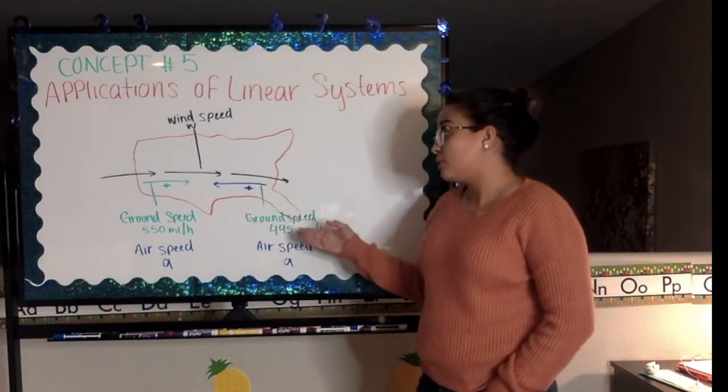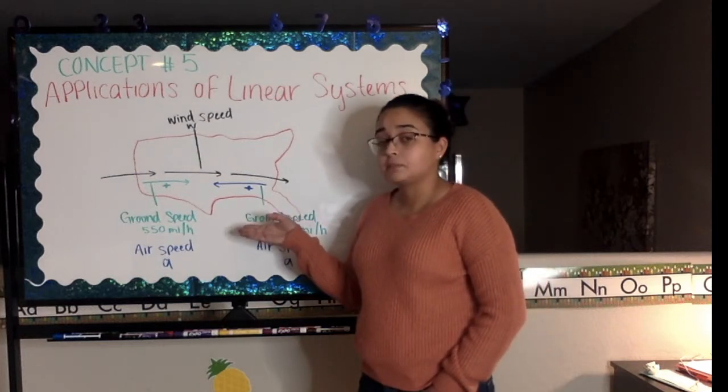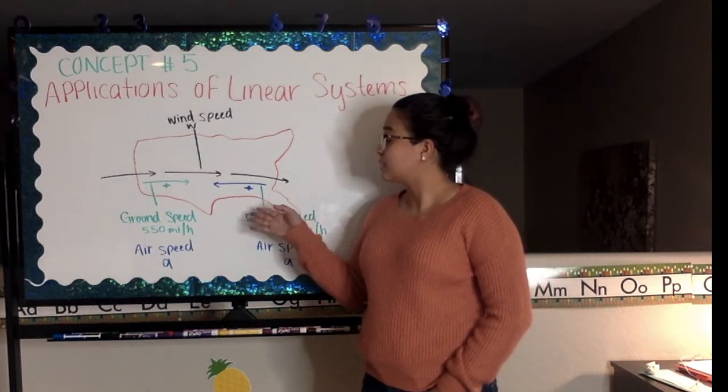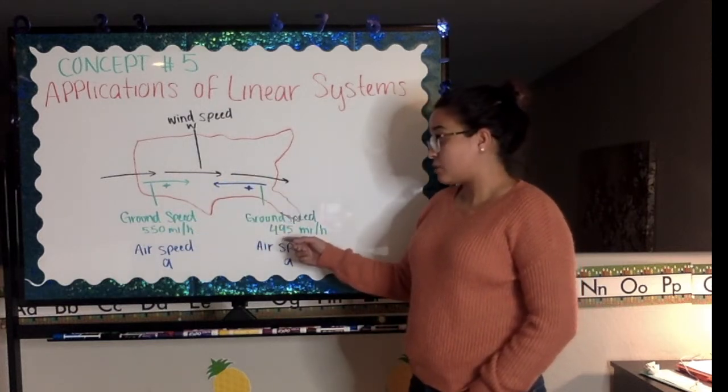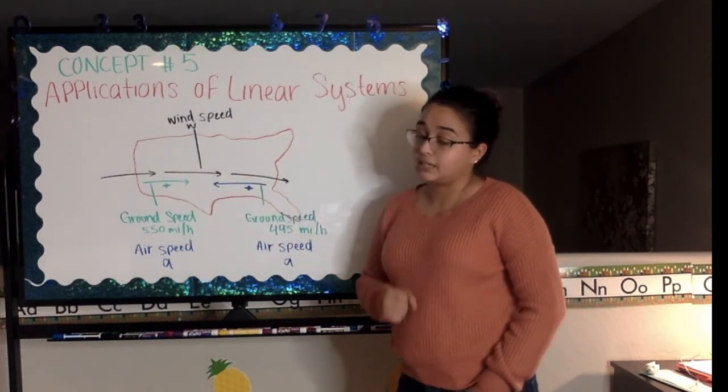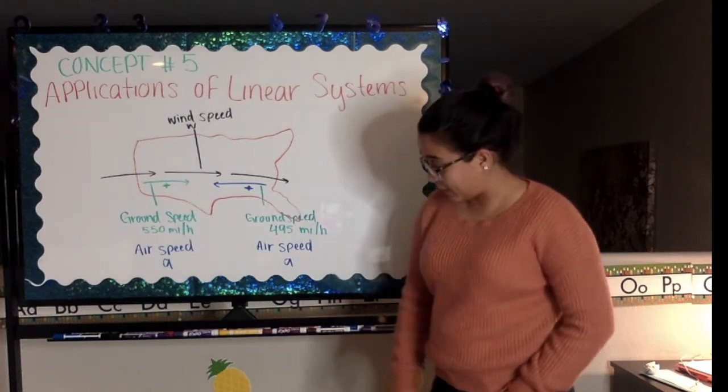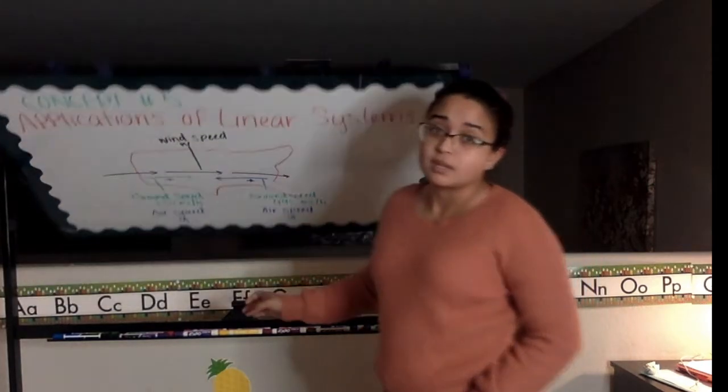And for our North Carolina plane that is headed to California, the ground speed is 495 miles per hour.